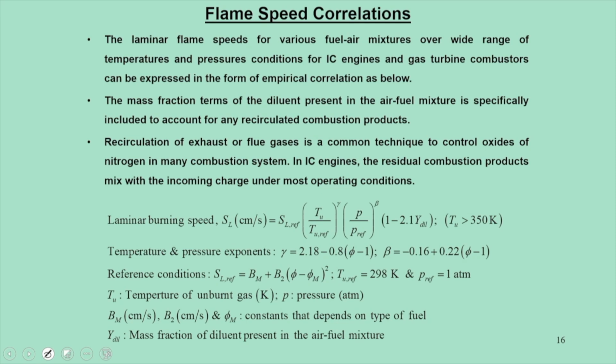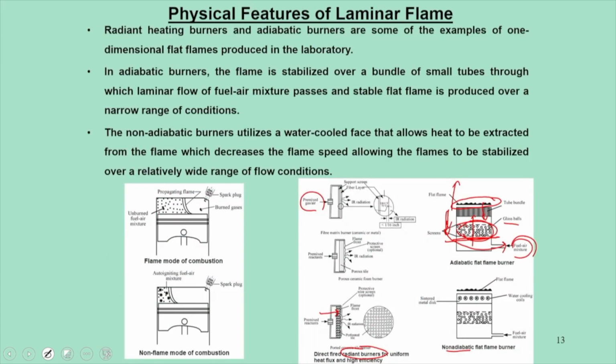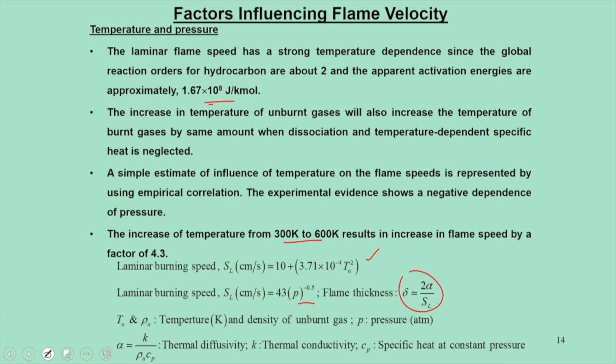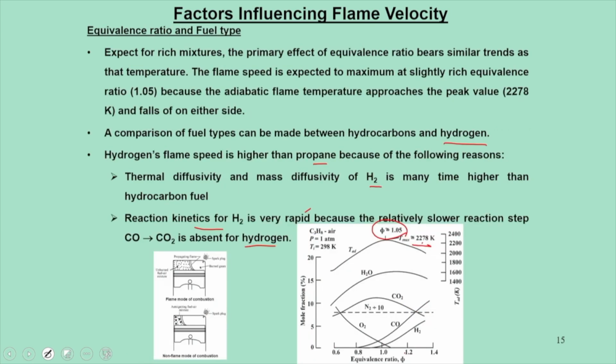Another relation is more versatile. When this concept evolved, people tried to see dependence only on pressure or only on temperature through these correlations, but simultaneous control of pressure and temperature was not there.